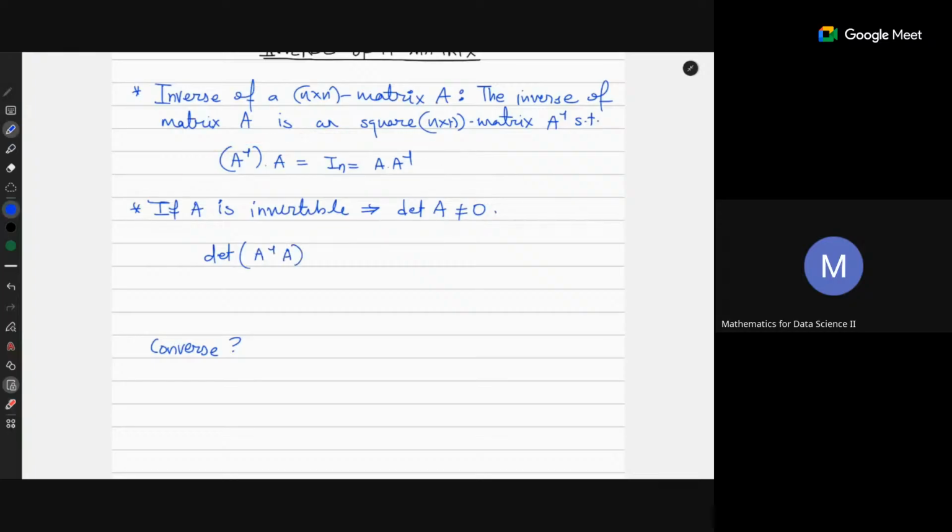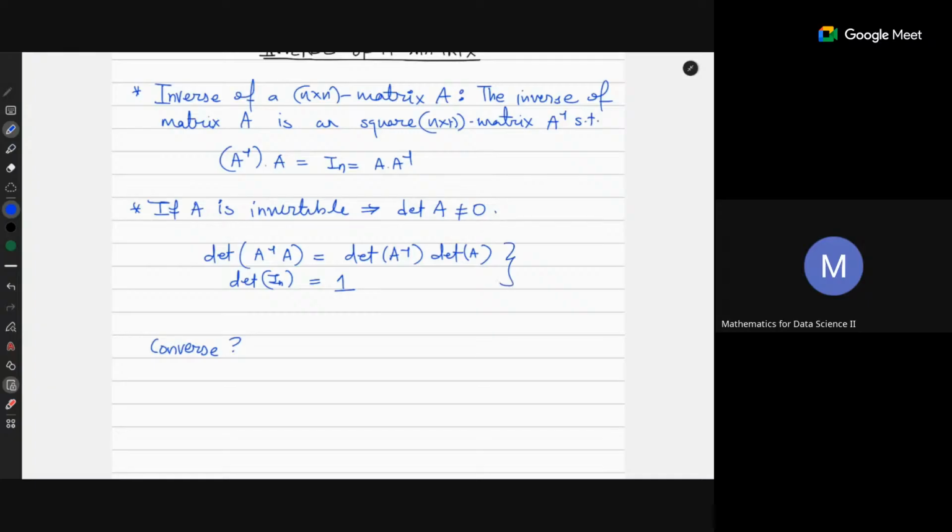If I look at the determinant of this product, by the product rule it will be equal to determinant of A inverse times determinant of A. Now, what is determinant of I? The determinant of In is 1. It is a diagonal matrix, so it is just the multiplication of all the diagonal entries.